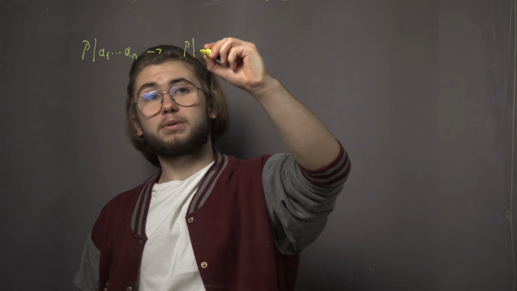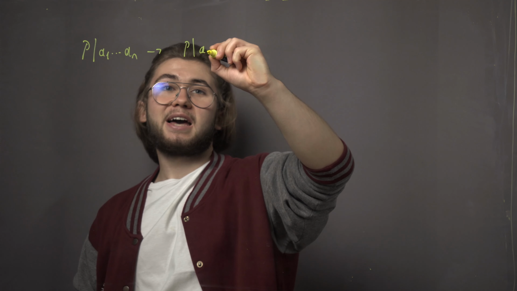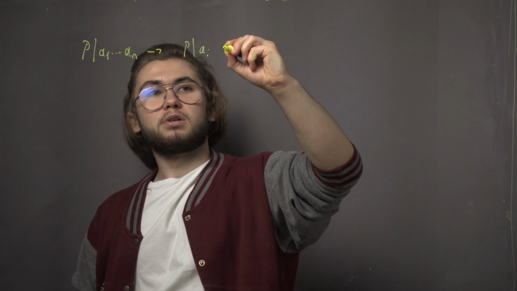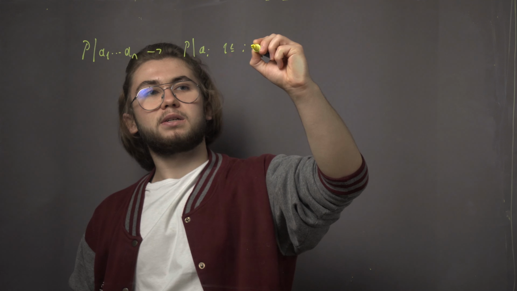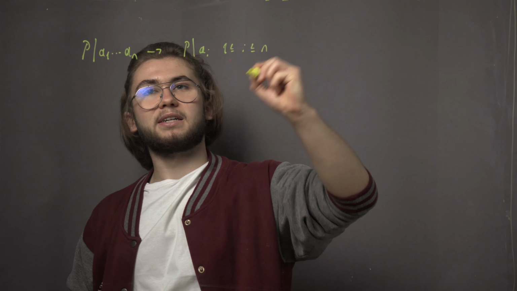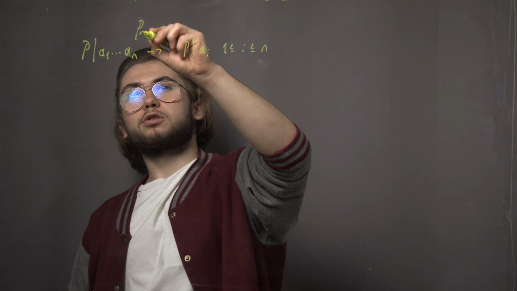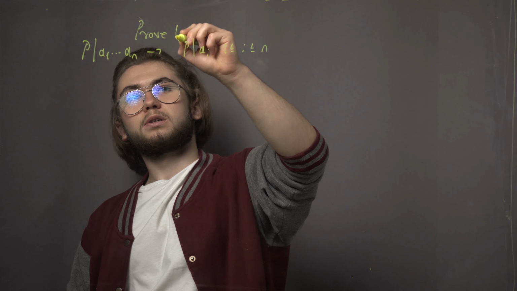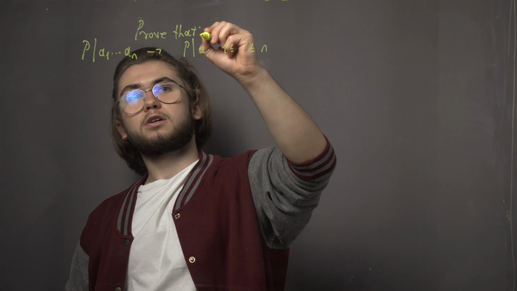So let's say that p will divide ai, with i between 1 and n. We are supposed to prove that statement right there.